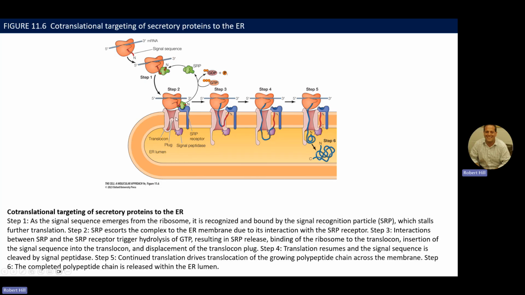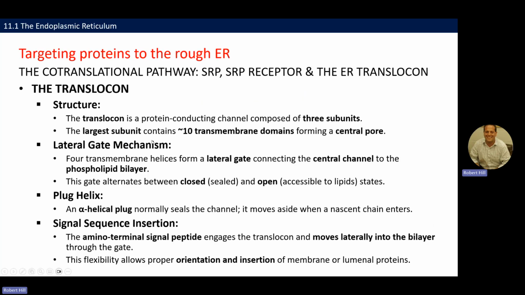But you can consider this area right here the lateral gate, because it's moving out of the way so that the signal sequence can start to travel into the phospholipid bilayer. All right, this gate alternates between closed and open, and that's very important in setting up the correct structure of transmembrane proteins.